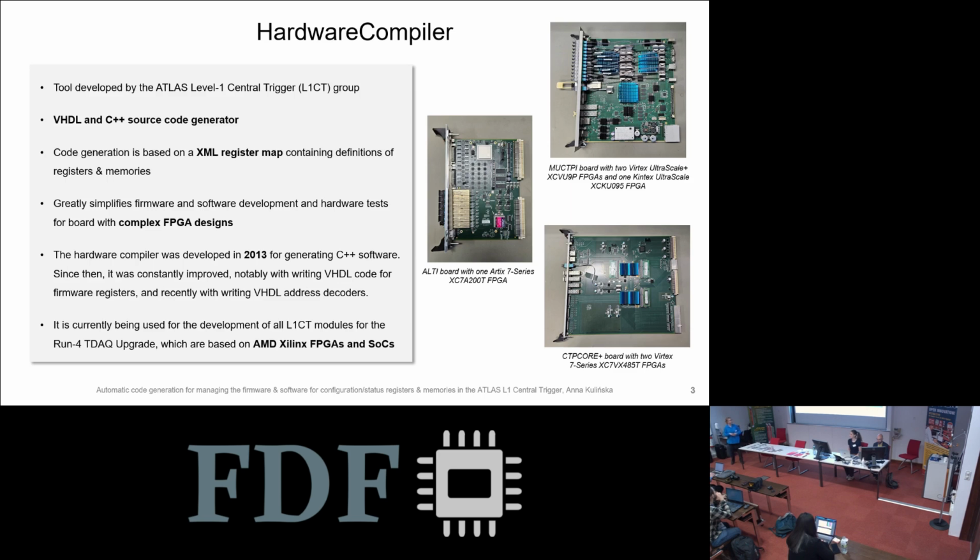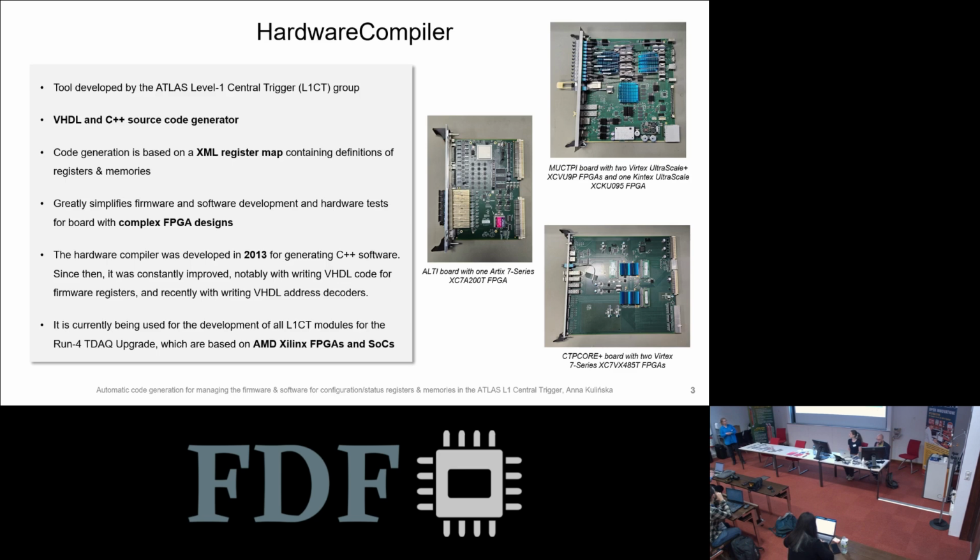So that's why in around 2013, the idea of the HardwareCompiler tool was born. It is a VHDL and C++ source code generator that generates the code based on one single register map that contains definitions for registers and memories that are used in the design.